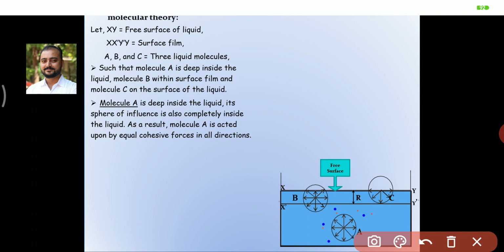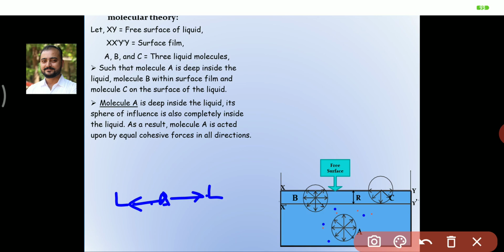If about this molecule in this direction you observe the cohesive force between molecule A and another liquid molecule, similarly along the opposite direction the same cohesive force is acting, because that is also a liquid molecule of the same type.